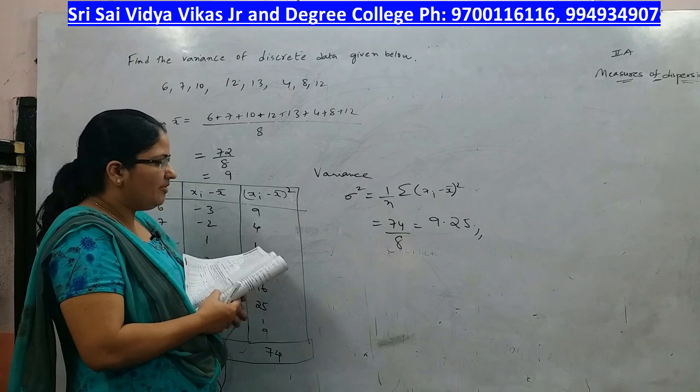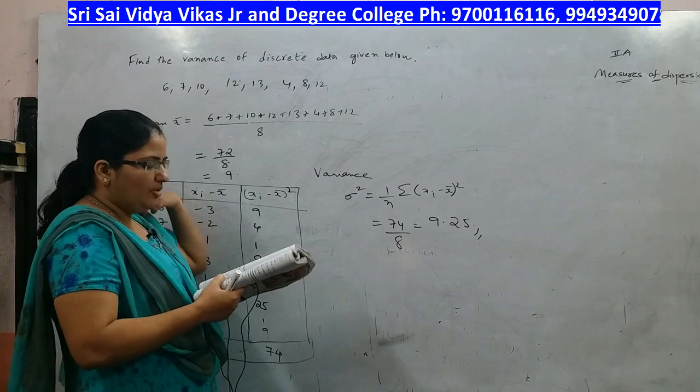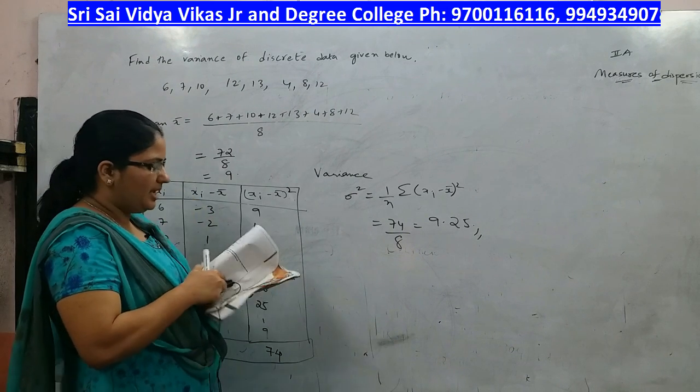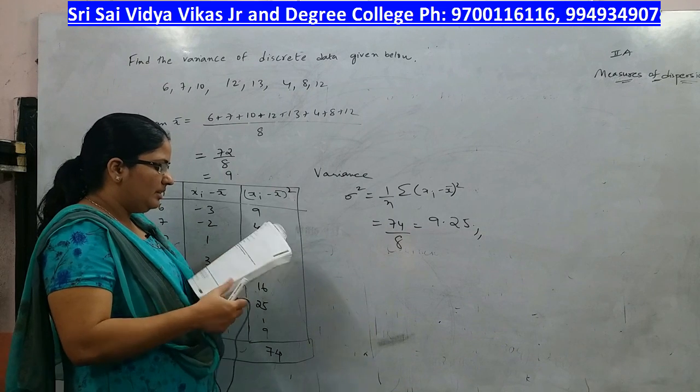You have the coefficient of variation. The coefficient of variation formula is sigma by x bar into 100. Let us do that.